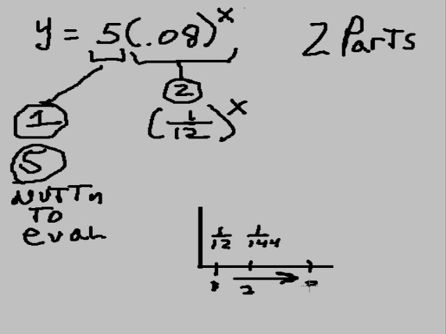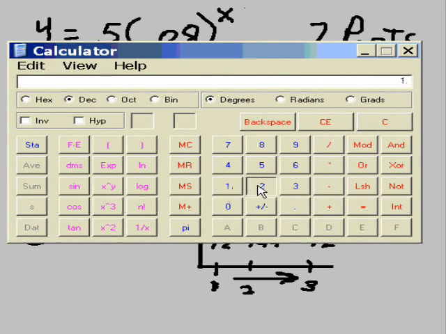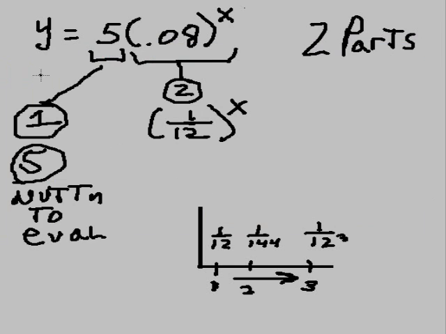When it gets to 3, we have 1/12 to the 3rd power. 12 times 12 times 12 equals 1,728. These are getting really, super small.